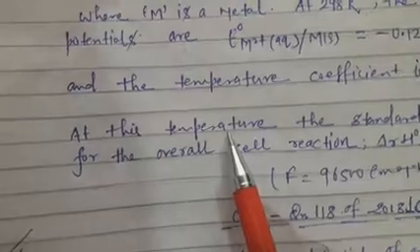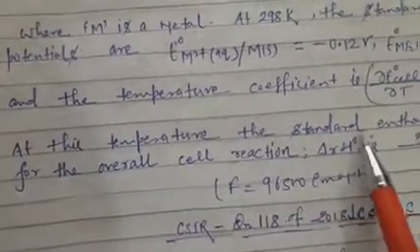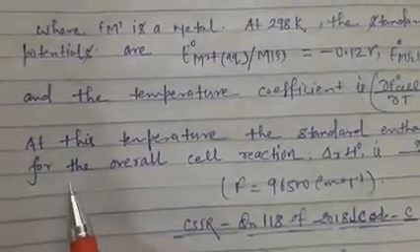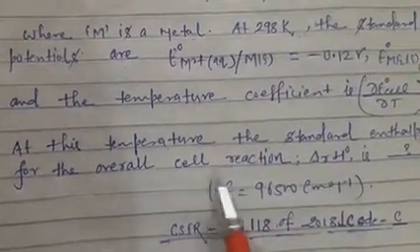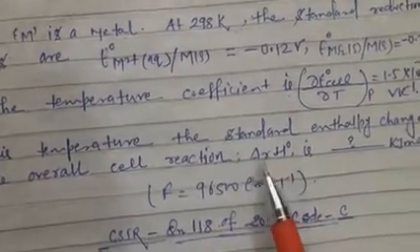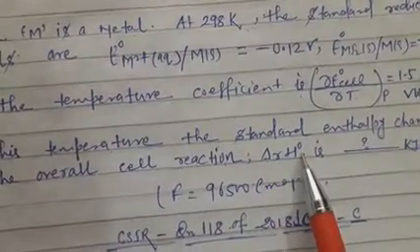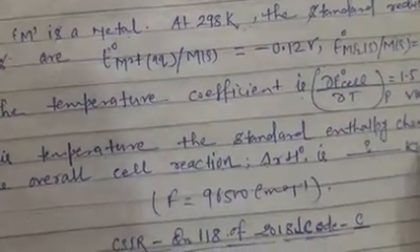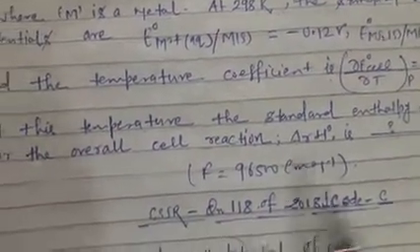At this temperature, the standard enthalpy change for the overall cell reaction, delta H, is what, in kilojoule per mole?